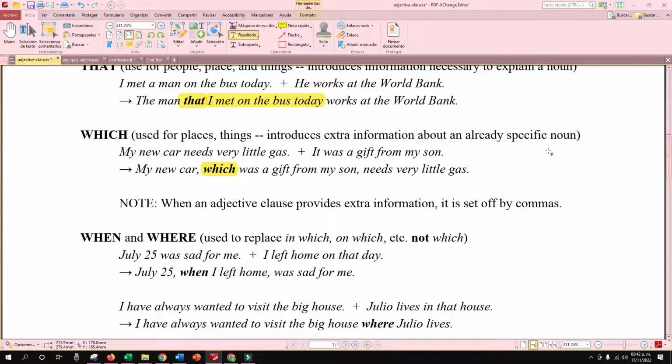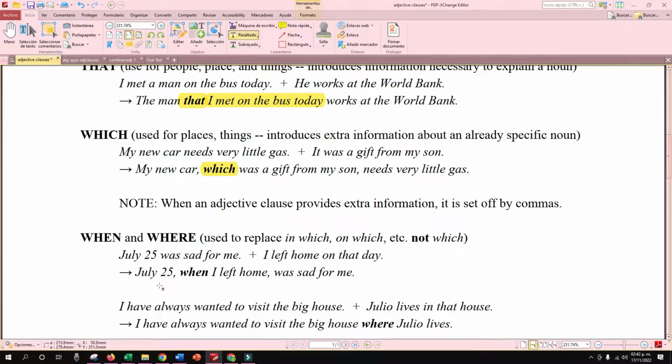When and where are used to replace in which or which, etc. Note: July 25th, in this case, was sad for me. I left home on that day.